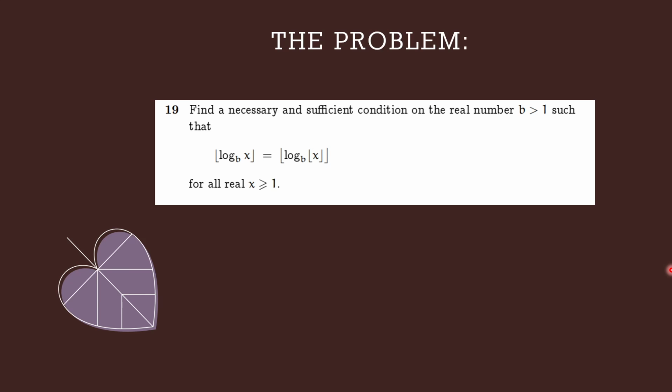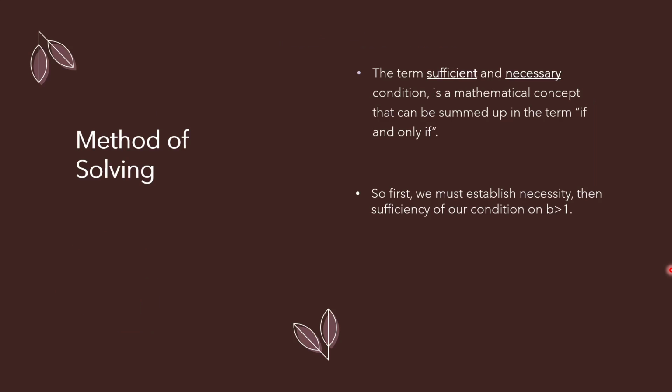The other thing that we're going to be looking at is the notion of a necessary and sufficient condition. When I first looked at it, it felt like a weird thing to say on a math problem. And when I was on a call with Miss A, she told me to pay attention to necessary and sufficient. So I went ahead and Googled it, and I discovered that the term sufficient and necessary condition is actually a mathematical concept that can be summed up in a term that we use very frequently, which is if and only if.